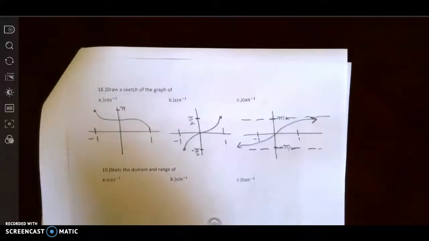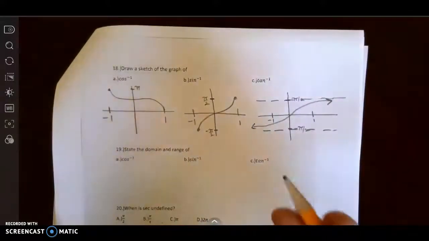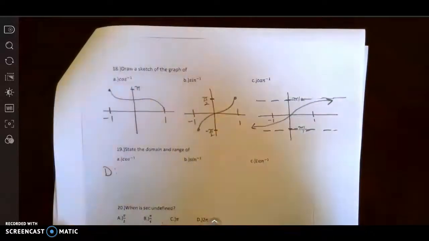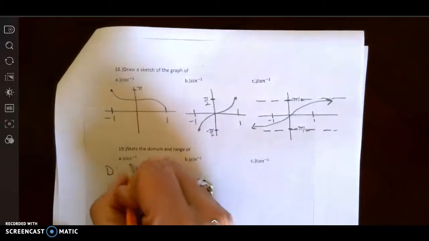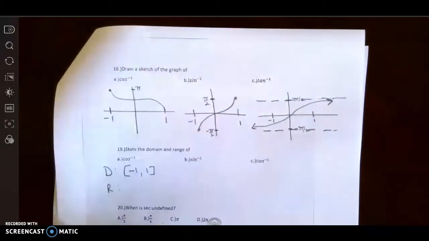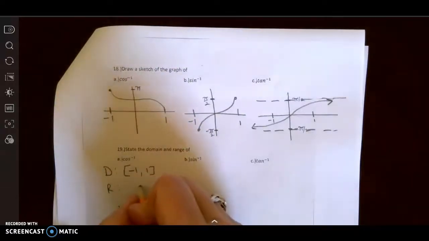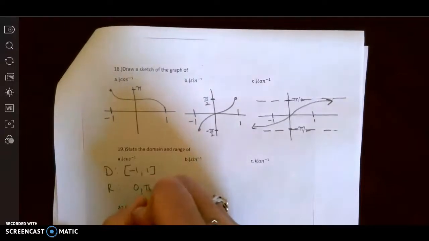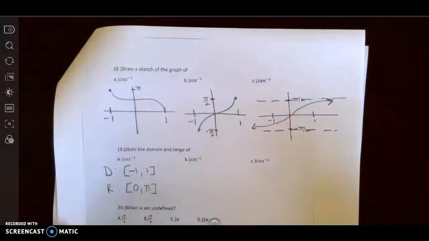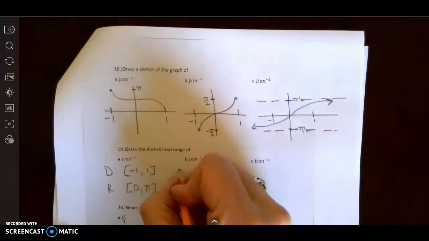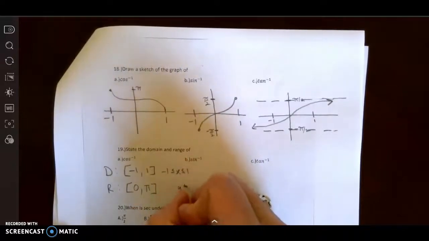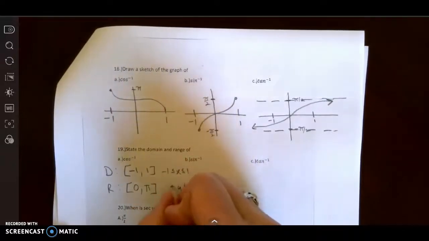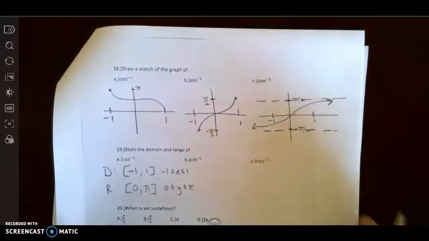So then looking at these graphs, state the domain and range. Well, the domain for inverse cosine is -1 to 1. And the range is from 0 to pi. Or you could use inequality notation, where you'd say x is between -1 and 1, y is between 0 and pi.